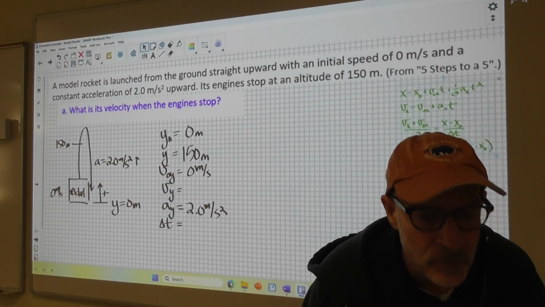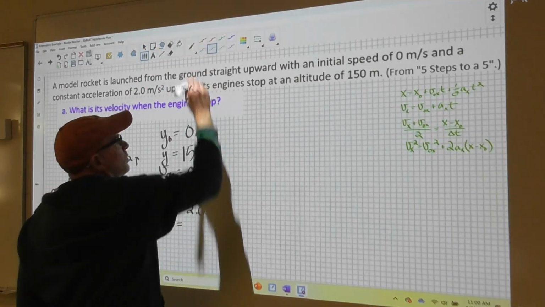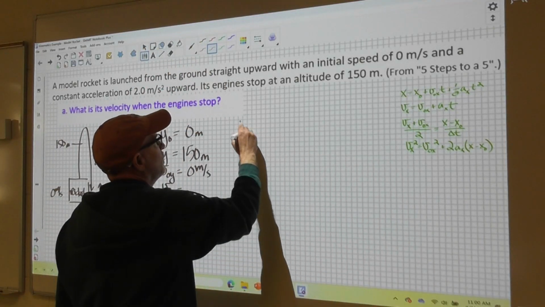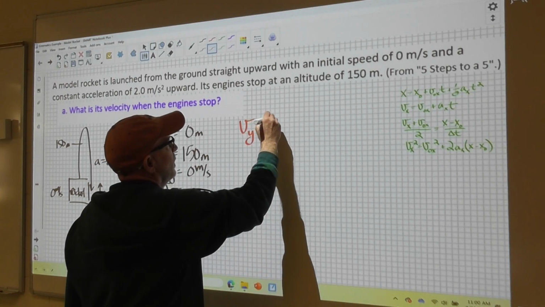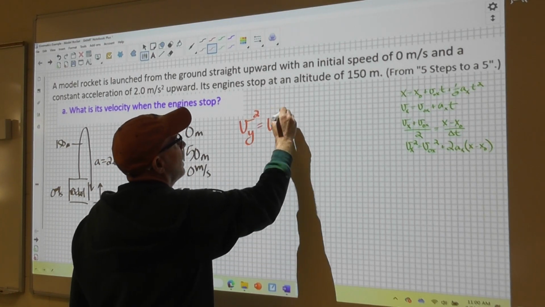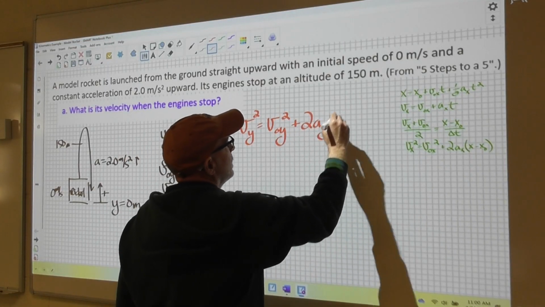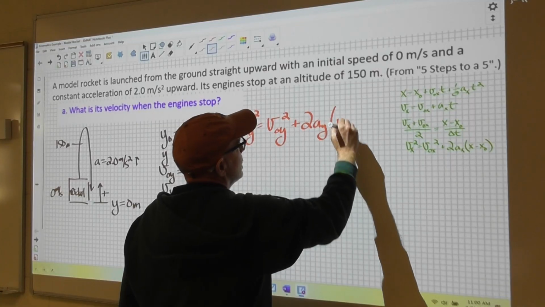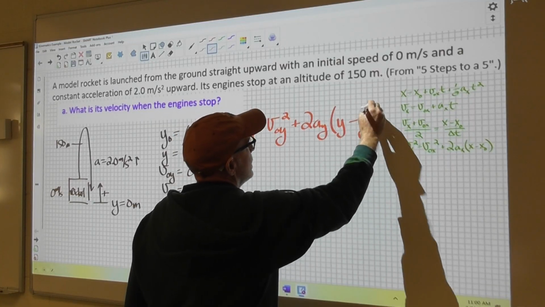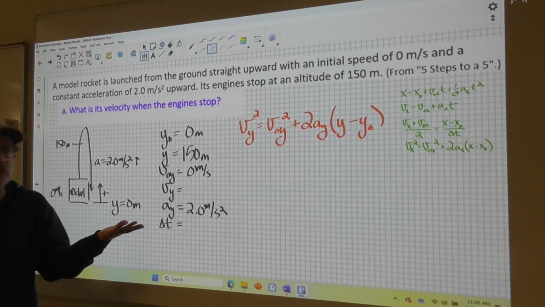There. Okay, so we're going to use this equation, but I'm going to write it with a y because that's the variable that we're using. So our final velocity squared will be equal to our initial velocity squared plus 2 times our acceleration times the displacement. That's final minus initial position. And then there are some zeros here.